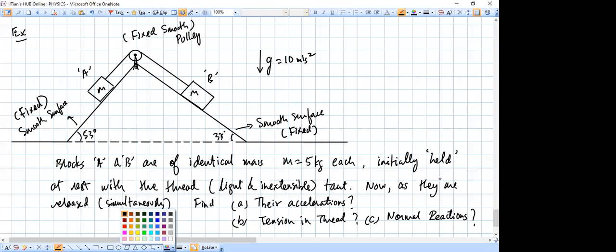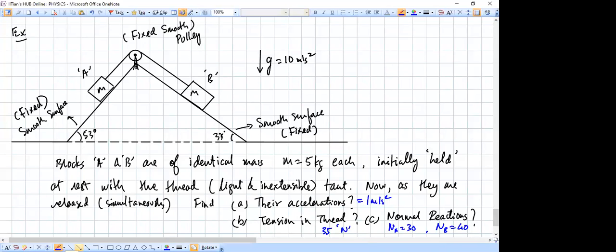Yes. So let me give you the answers now. Devansh, you got it correct. The acceleration will be 1 meter per second square in magnitude. The tension in the thread will be 35 newtons. And the normal reaction on the block A will be 30 newtons. And the normal reaction on the block B will be 40 newtons.